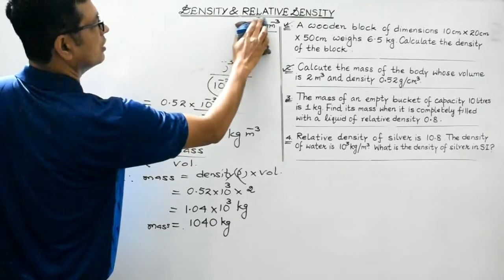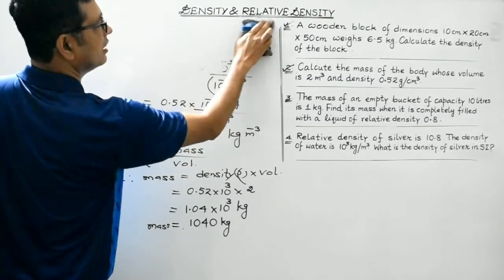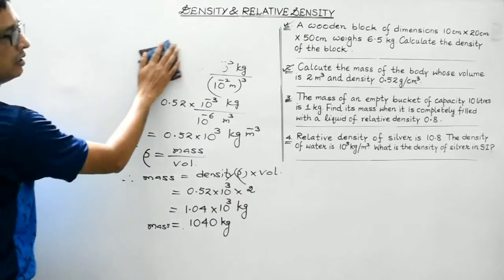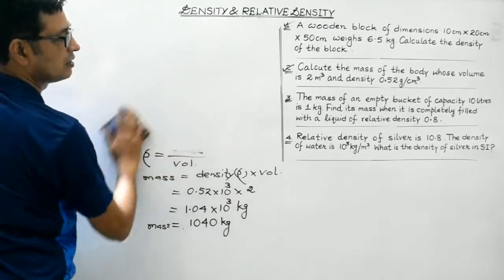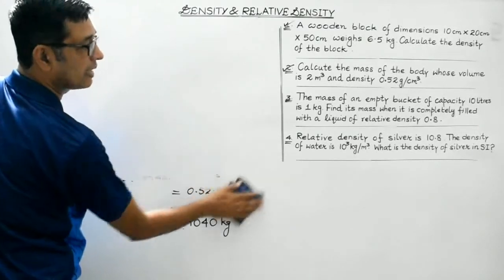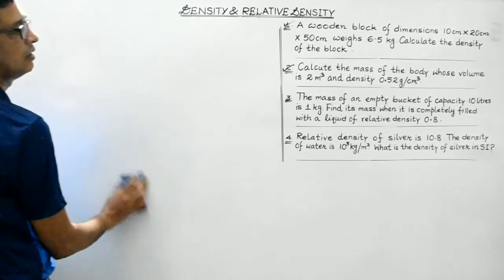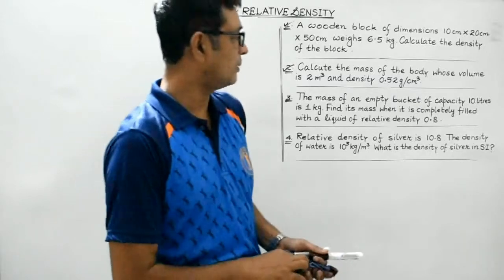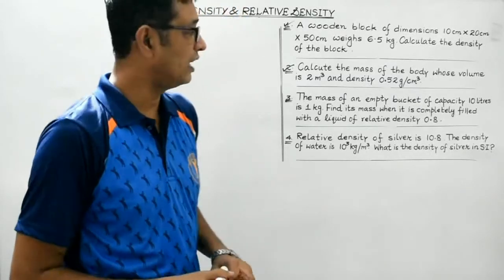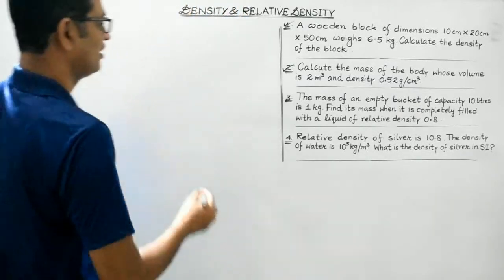Question number 3 is a pretty important one actually. Let me read the question for you. The mass of an empty bucket of capacity, means volume, 10 liters is 1 kg. Find its mass when it is completely filled with a liquid of relative density 0.8.